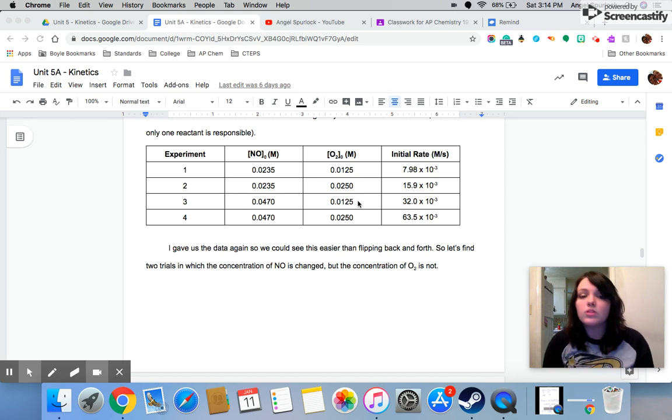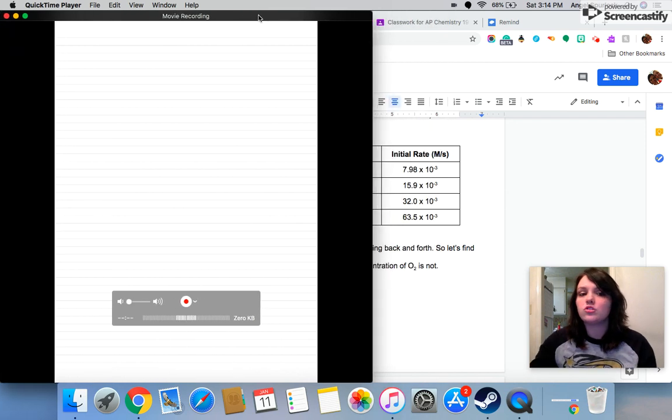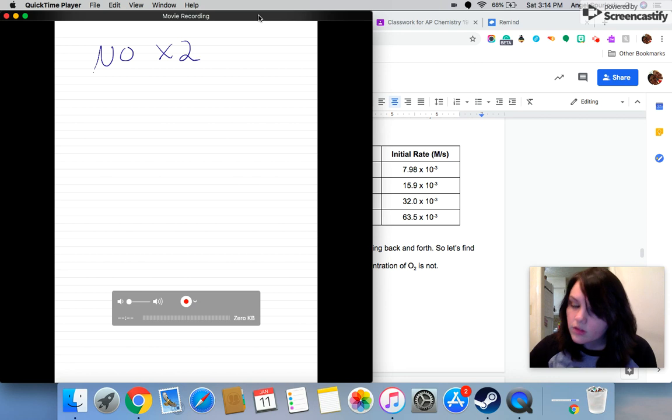So we can determine the order of nitrogen monoxide if we can determine how rate changed when our concentration changed. Now, we've already determined that the concentration of nitrogen monoxide doubled between those two. So let's determine how our rate has changed.